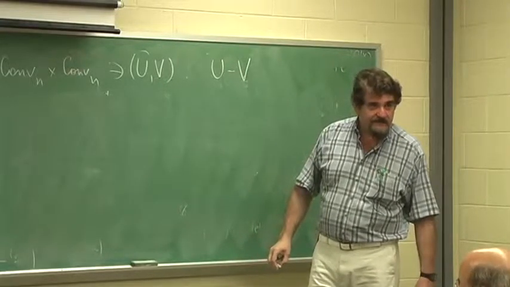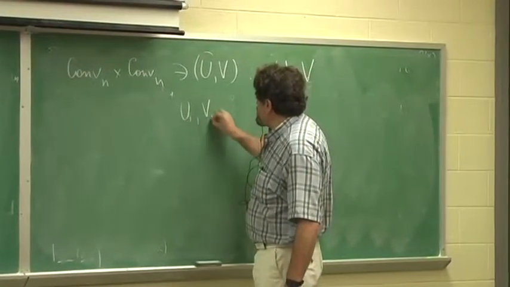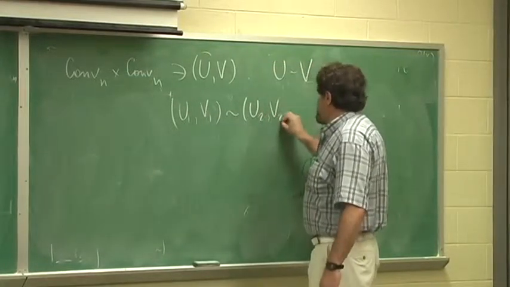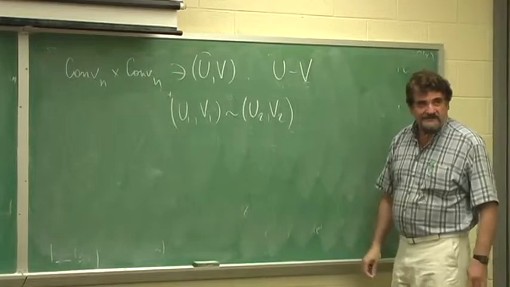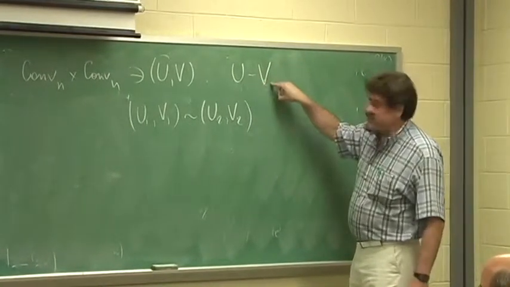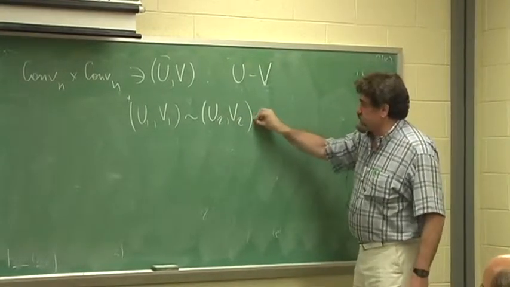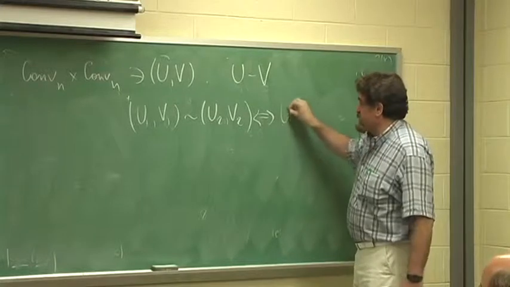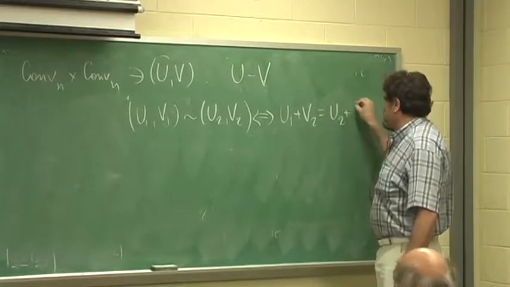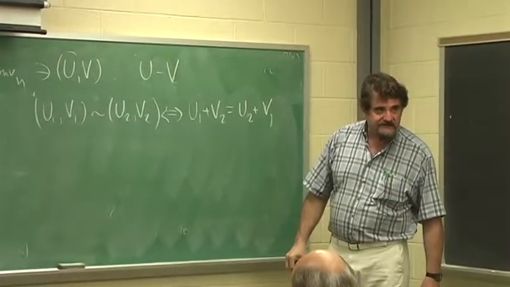U minus V. Now, pair U1 V1 is equivalent to the pair U2 V2, and you can easily understand what it means. It must mean that U1 minus V1 is equal to U2 minus V2, but this can be rewritten without minuses as U1 plus V2 equals U2 plus V1. Only addition, and addition is well defined.